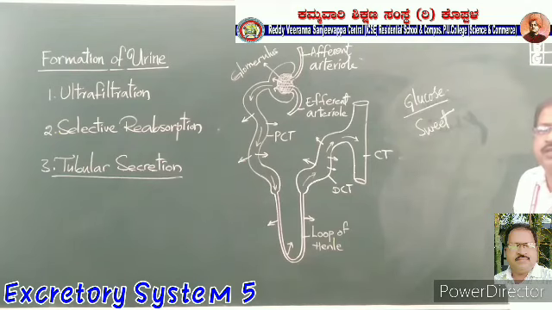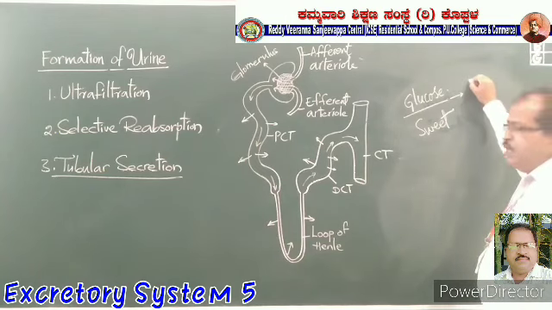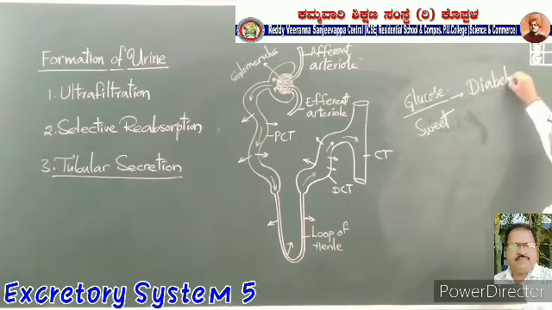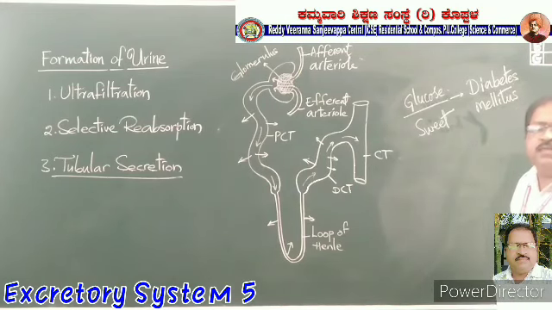If glucose is present in the urine, that condition is called diabetes mellitus, meaning sugar diabetes. The person is said to be suffering from diabetes mellitus. Sugar is present in the urine, so the sugar level should be decreased.